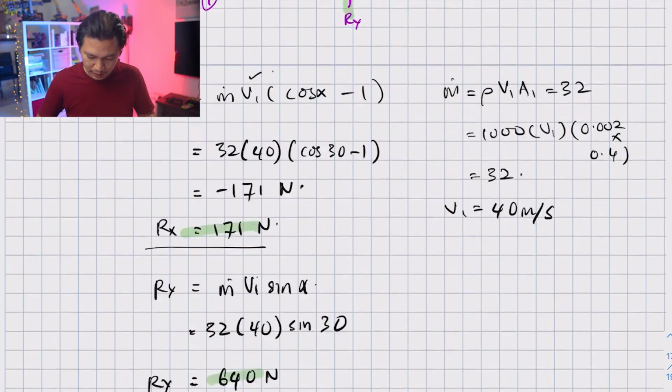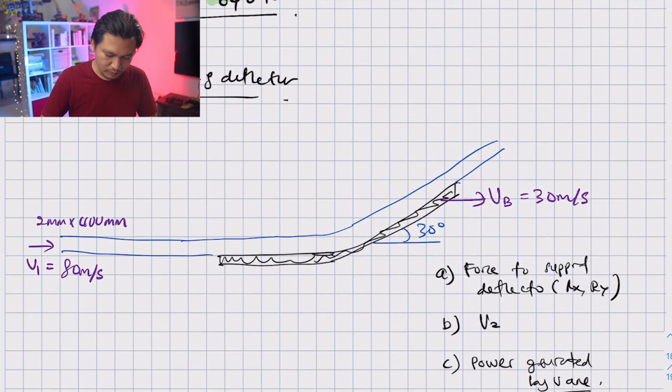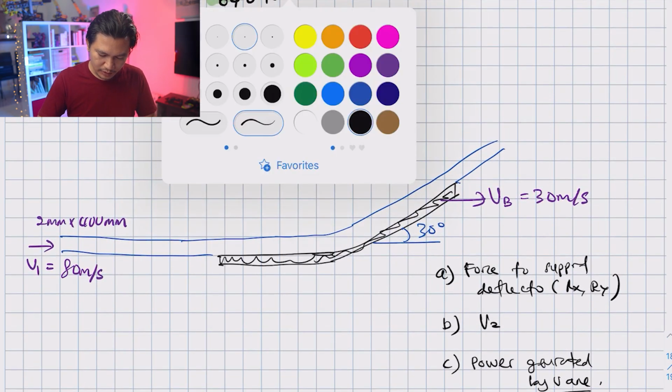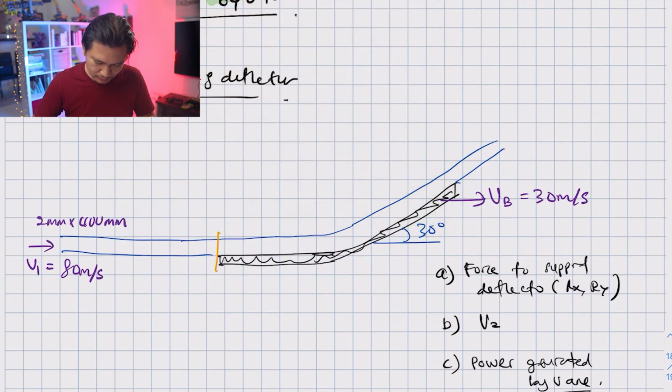Now let's take a look at our control volume. First of all, let's draw it, and I'm going to draw it in orange. This is our control volume. Remember, this is a moving deflector, so you are going to need to find out the relative velocity. Then I'm going to label our Ry and also our Rx.